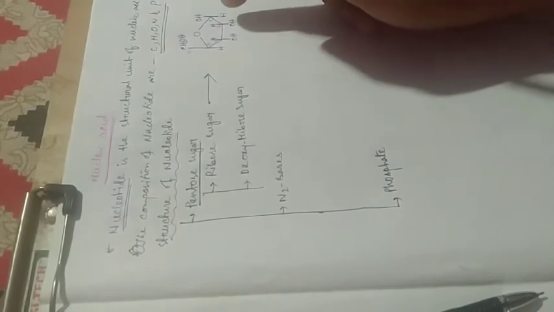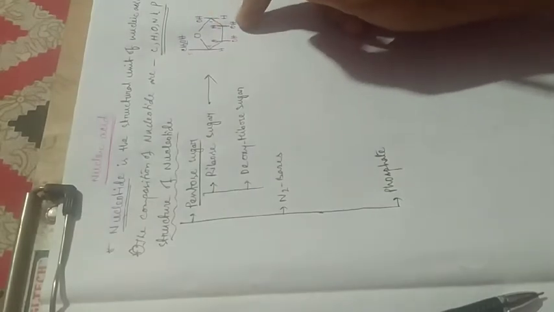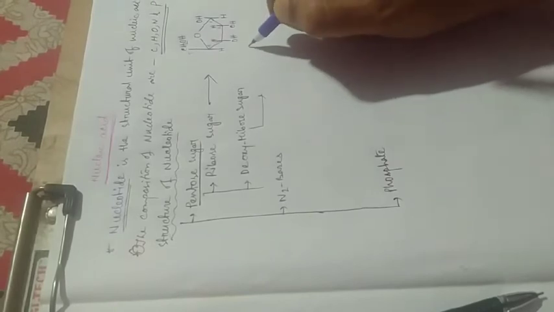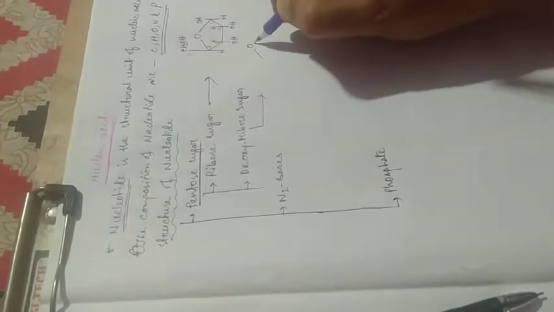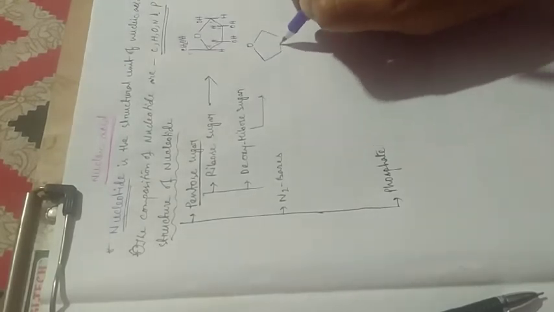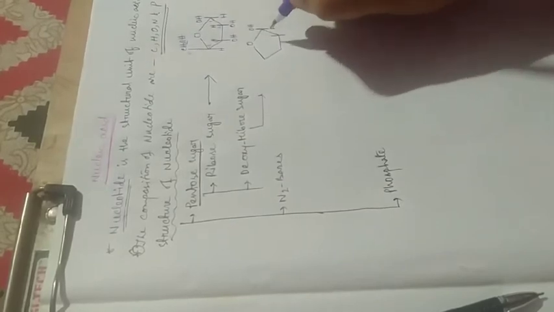If we observe the structure of deoxyribose sugar, then we observe that in the second carbon an oxygen molecule is absent. So the structure of deoxyribose sugar is like that. Here the first carbon has H and OH group, second carbon has H and H only.